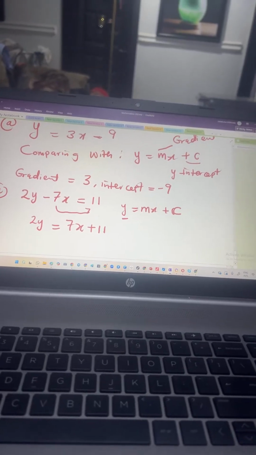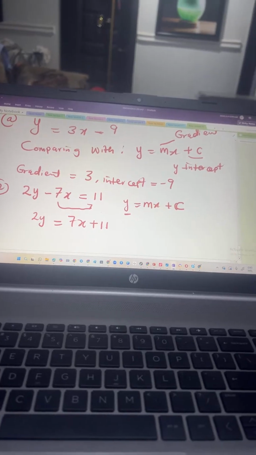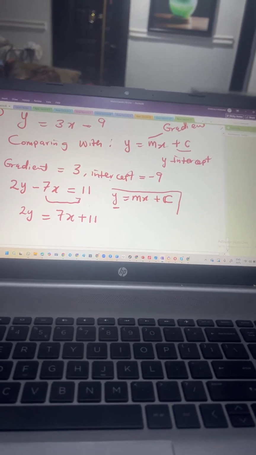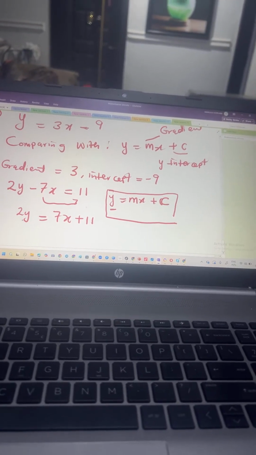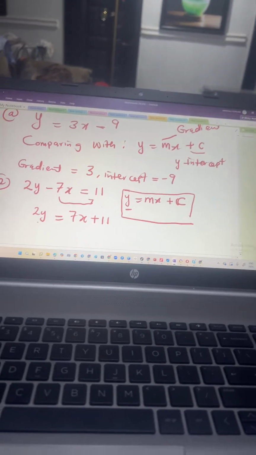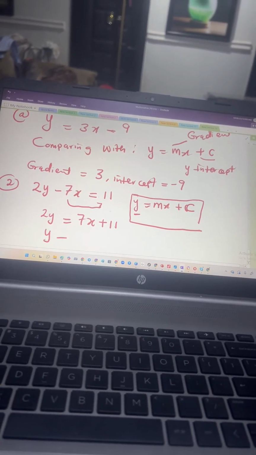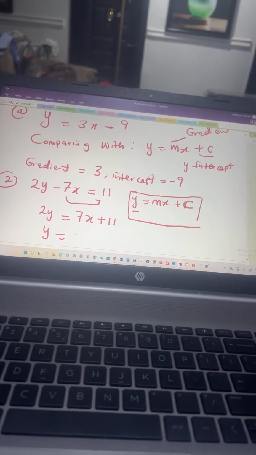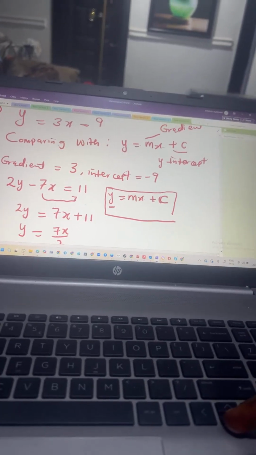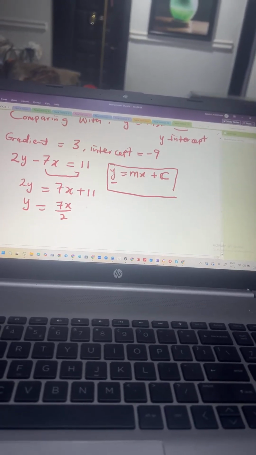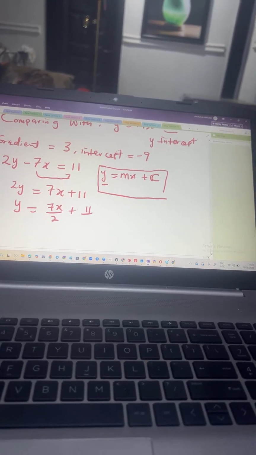Yes. Okay, so from here now, don't forget, we want to make y the subject. It has to be in the general form of a straight line graph. So we need to divide both sides by 2. Here we have y. If you divide this side by 2, it will cancel out. So we have y equals 7x divided by 2 plus 11 divided by 2.